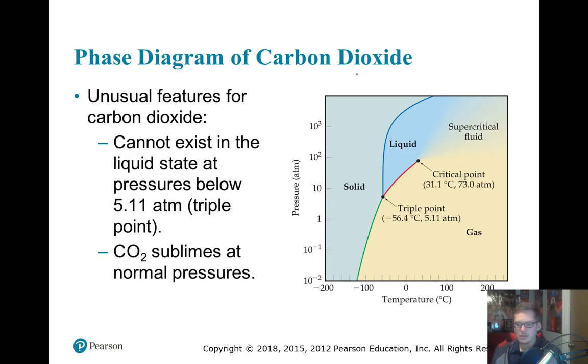Okay, here's carbon dioxide. A couple of interesting things. Carbon dioxide is pretty fascinating. Notice that if we're at 1 atmosphere, which is about what we exist at, and you take a piece of dry ice, remember that's solid carbon dioxide, and pull it out of its freezer, where I believe they keep it at around negative 150 degrees Celsius, so it's somewhere around here.